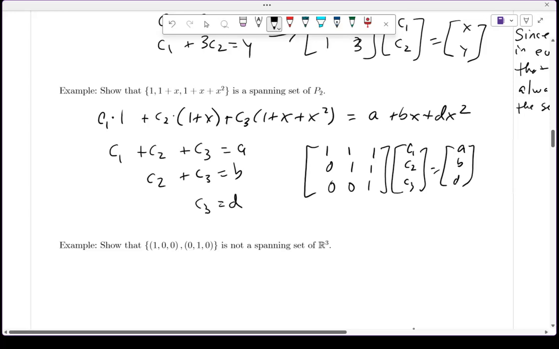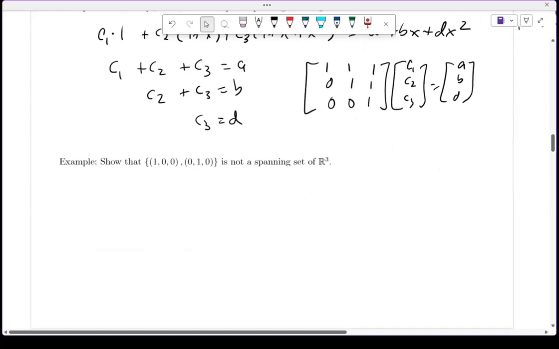Yeah, that's exactly right. 1, 1, and no x's and no x squares. 1, 1, 1x, no x squares. 1, 1, 1x, 1x squared. That's exactly what they are. And notice they have been put vertically into columns. Isn't that what we did in the previous example? Starting to see a shortcut? All right, so again, if we row reduce, we see a pivot in every row, so it'll be a spanning set.